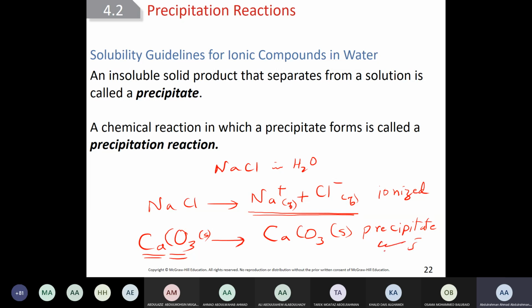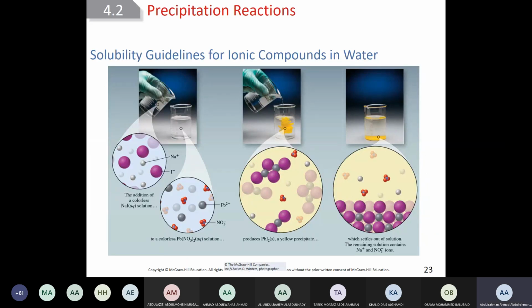But we call this ionized, meaning it makes ions, or we call it dissolve, to make dissociation. What does dissolve mean? Disappear in the water. Good. Is this clear? Now, some ions will dissolve, and I'll stop here.